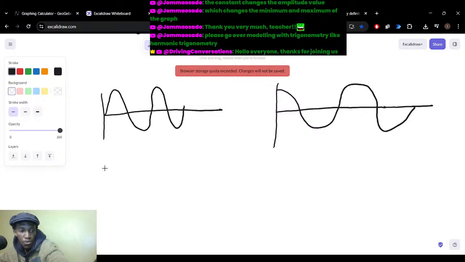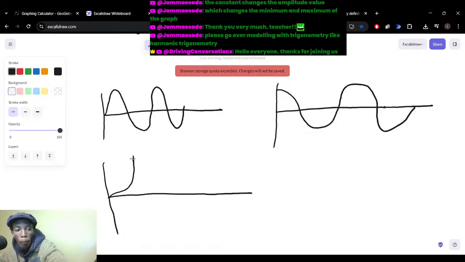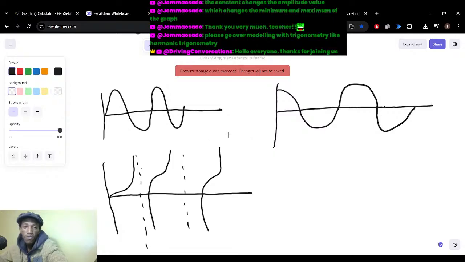And then we draw a tangent graph, and so on and so forth.